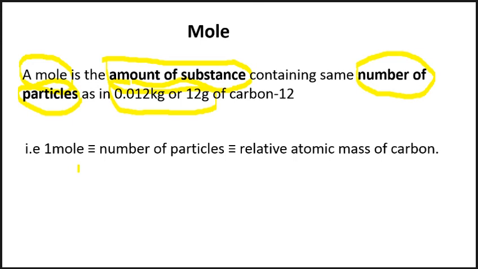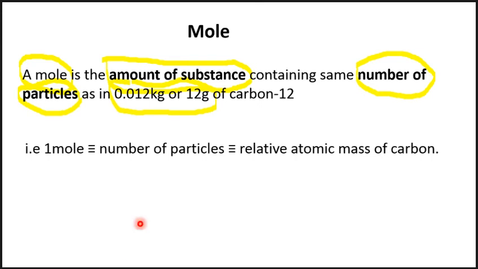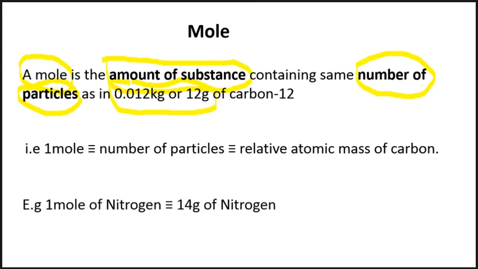So you need to take note of this fact. For example, I can as well say that 1 mole of nitrogen is equivalent to 14 grams of nitrogen, because the relative atomic mass of nitrogen is 14 grams.